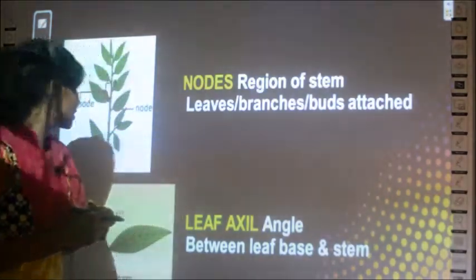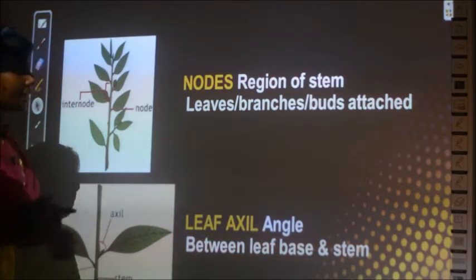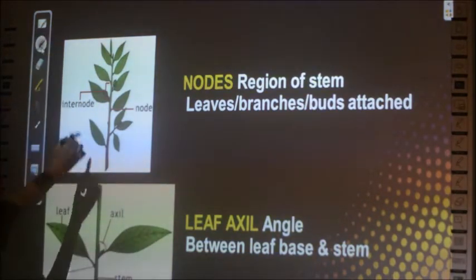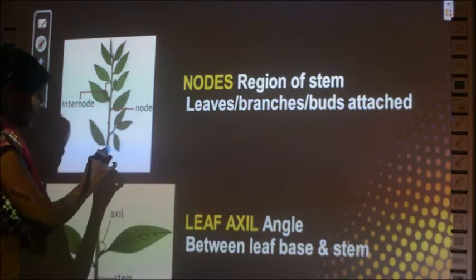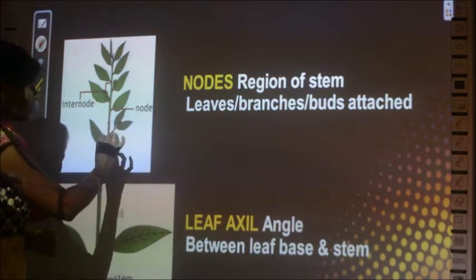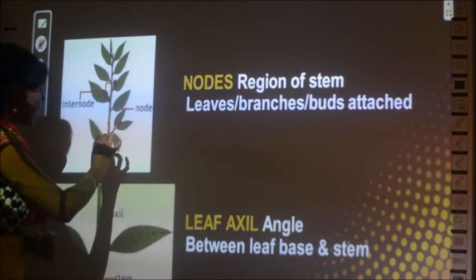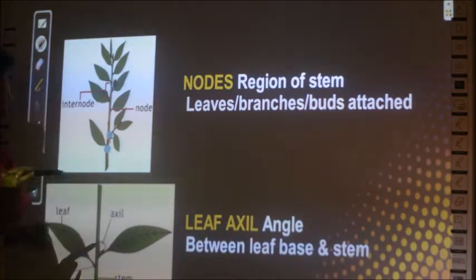What does this mean? See, in this part of the stem a leaf is attached. So this is a node. Again, this is a branch, right? In this part of the stem a branch is attached. So this is also a node.